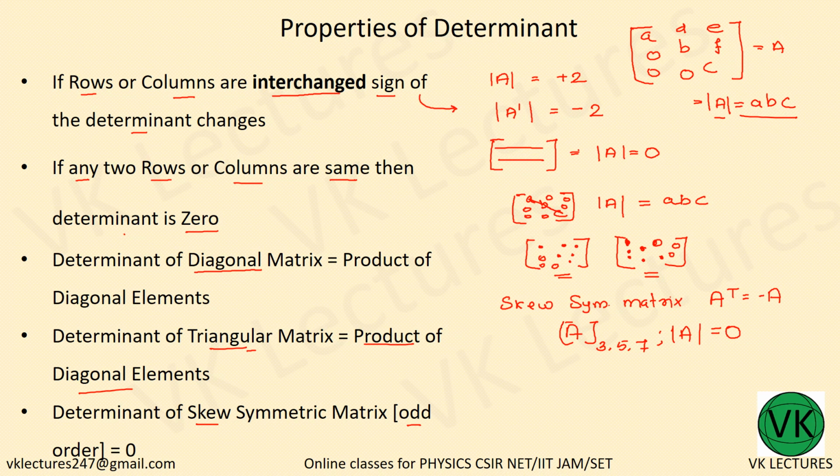And if this skew symmetric matrix is of order 2, 4, 6, then its determinant is not equal to 0. That means only if the order is an odd number, then the determinant equals 0.